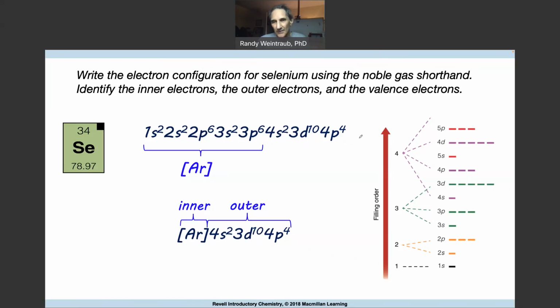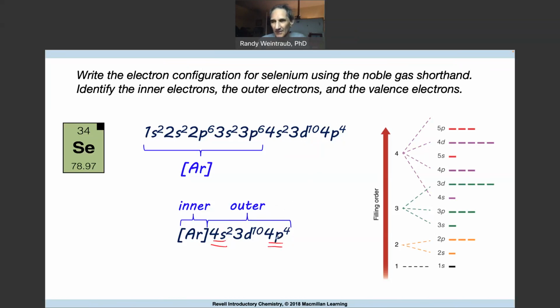The valence electrons are only those in the highest energy level, however. And in this case, the highest energy level is energy level 4. And selenium has 4 valence electrons, I'm sorry, 6 valence electrons in the 4th energy level.